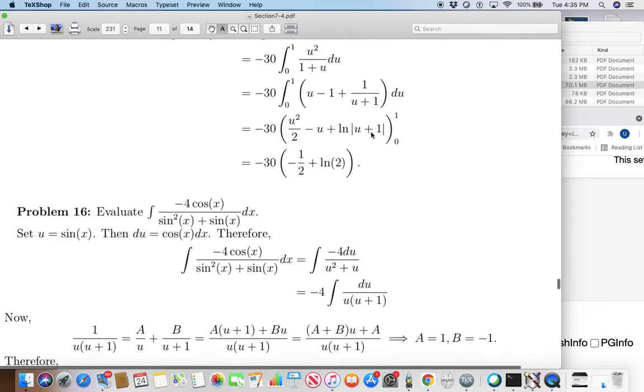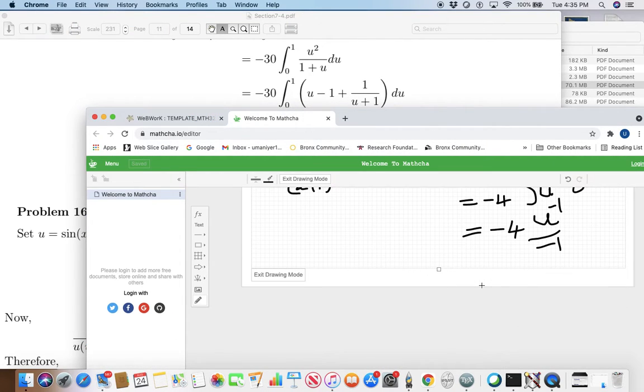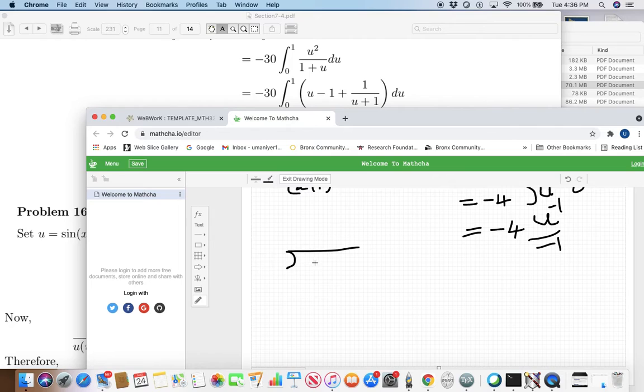When in doubt, check. Let's check. You are going to divide u squared by u plus 1. 1 plus u is nothing but u plus 1. So let's write u squared here and u plus 1 here.